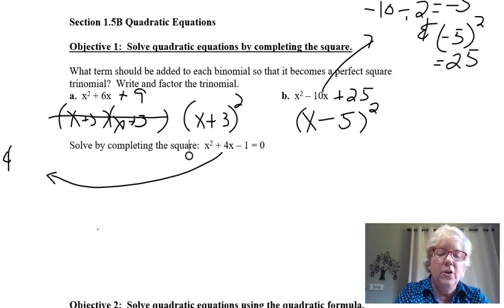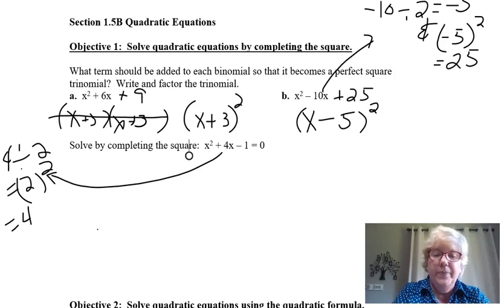So I'm going to say 4 divided by 2 is equal to 2. And then what do we do to the 2? You square it. 2 squared is equal to 4. Now, that means this binomial needs a +4. So I have x squared plus 4x plus 4.